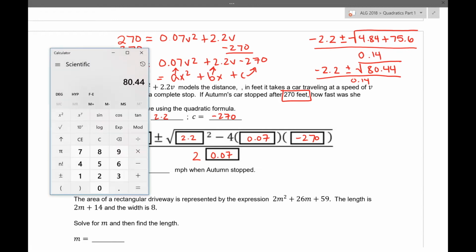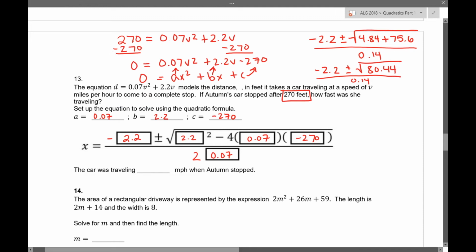Now I need to take this number and square root it. This button right here is the square root. That gives me 8.96. So I have negative 2.2 plus or minus 8.96 over 0.14.